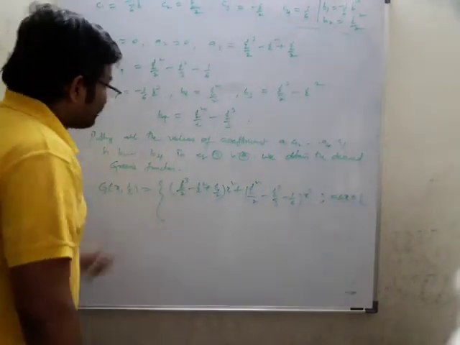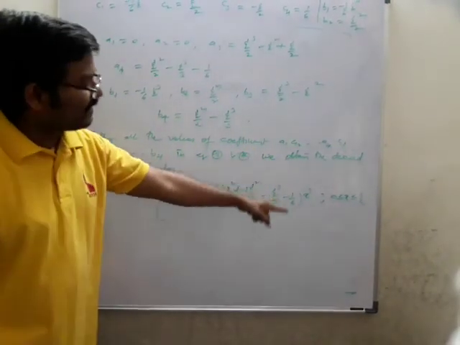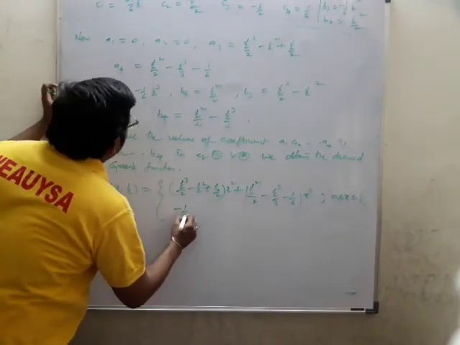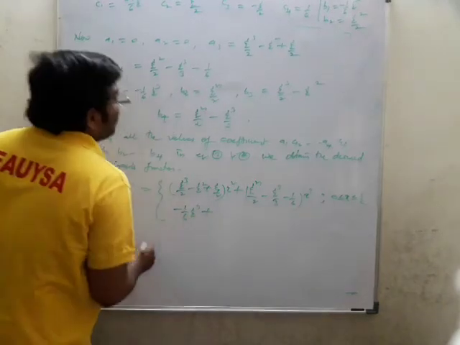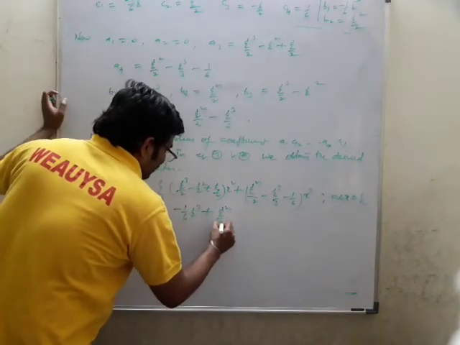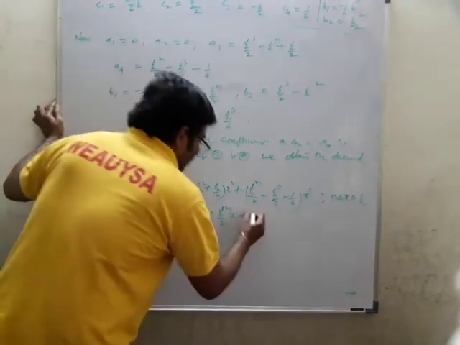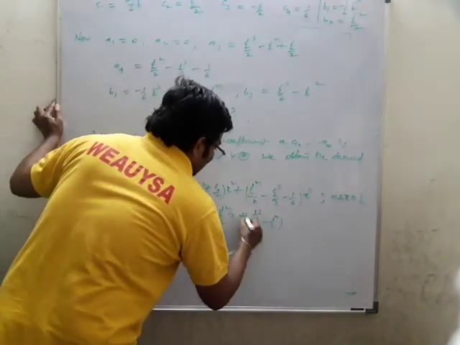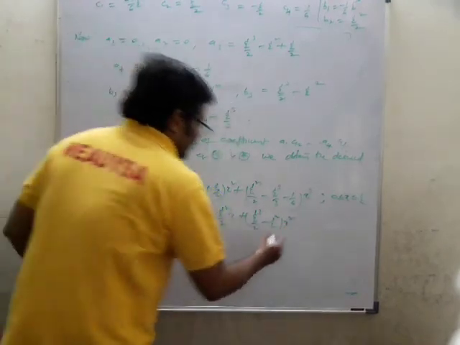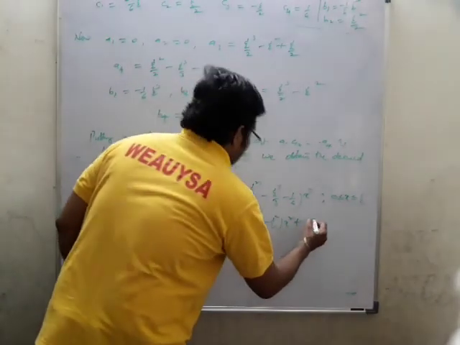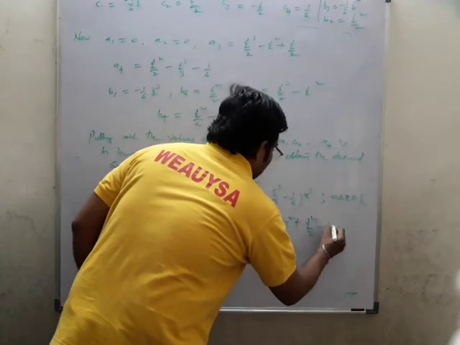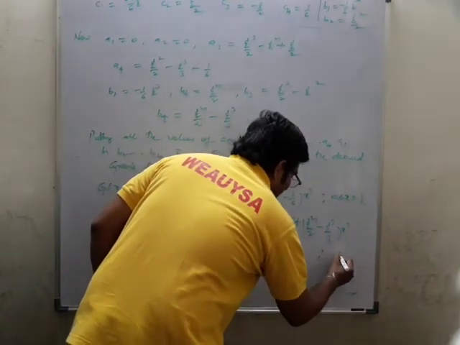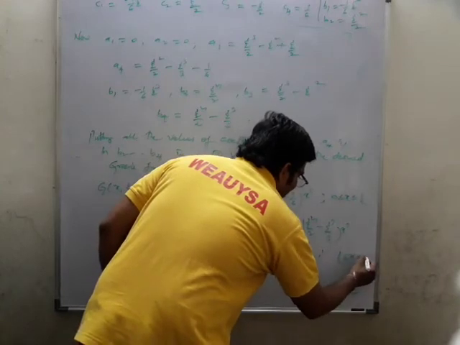This is the condition. Next, B1 plus B2 x plus B3 x square plus B4 x cube. So B1 is minus 1 by 6 xi cube, plus B2 x, xi square by 2 x, plus B3 x square, B3 is xi cube by 2 minus xi square, into x square. Next, B4 is xi square by 2 minus xi cube by 3, into x cube, for x greater than or equal to xi and less than or equal to 1.